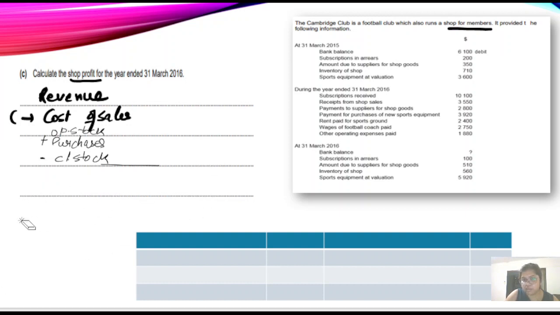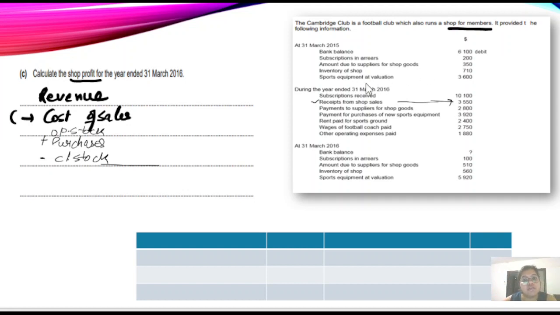Okay, whatever after deducting cost of sales, whatever the amount you are having from your revenue, that is your profit, and if it is a negative one, then that is your loss. Okay, so first you need to find out what is your revenue. So what is your revenue? It is already given to you in this point. Receipt from shop sales, that is 3550.